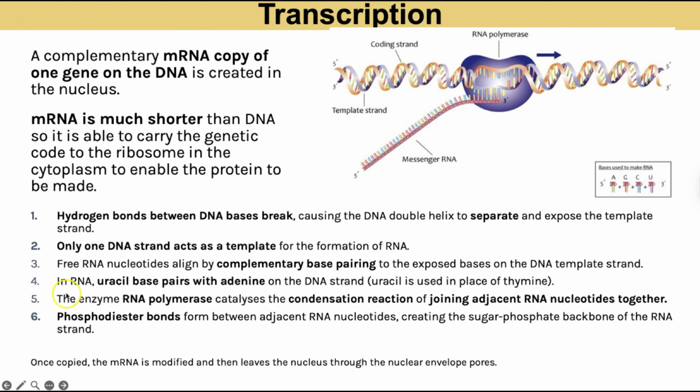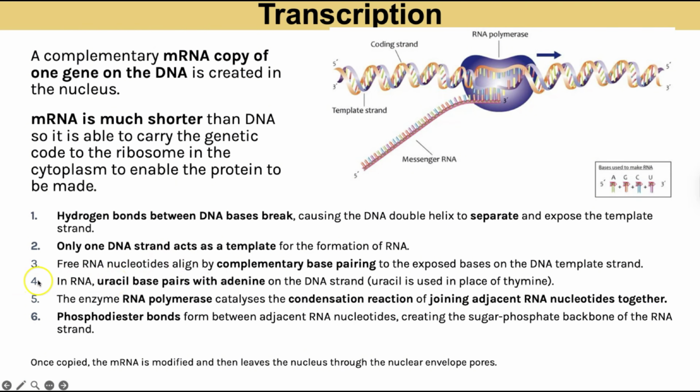You will then get mRNA nucleotides from within the nucleus, attracted to and aligning opposite their complementary bases. And in RNA, just bear in mind, you have uracil instead of thymine. So any place on DNA where there'd be adenine, uracil would be the complementary base pair.